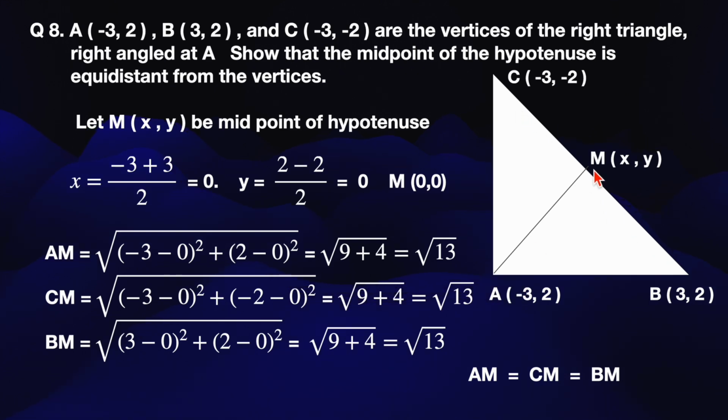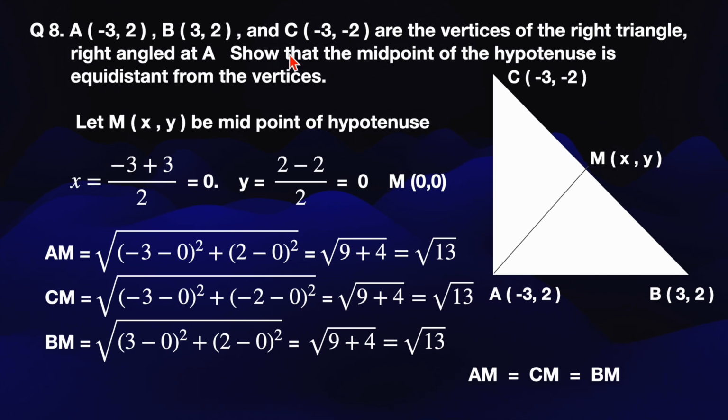So let M be the midpoint of the hypotenuse. What are the coordinates of this midpoint? It will be (-3 + 3)/2, comma, (-2 + 2)/2. So, in both cases it is 0. So, M(x, y) is equal to M(0, 0).